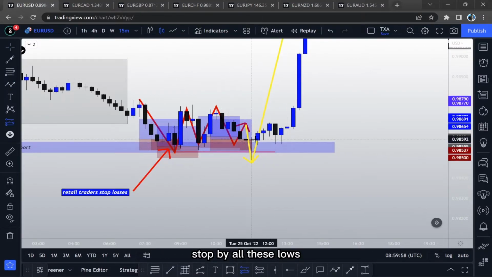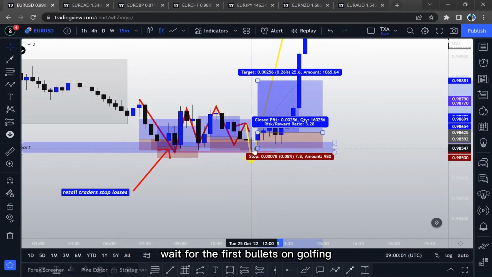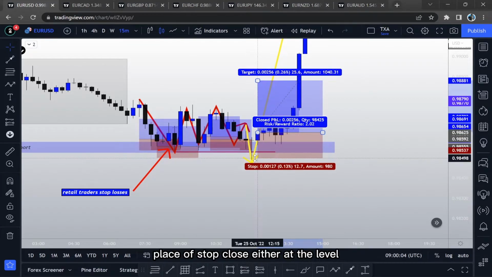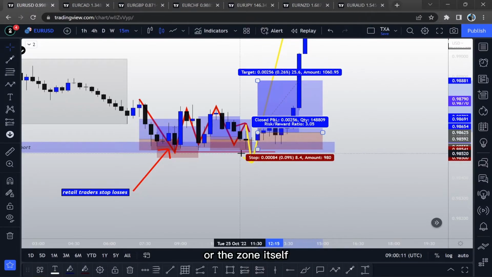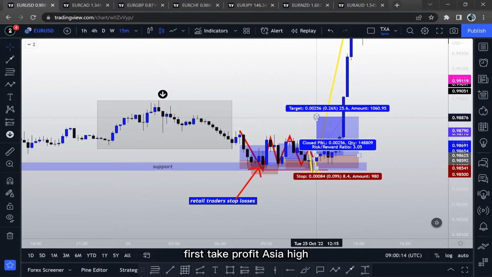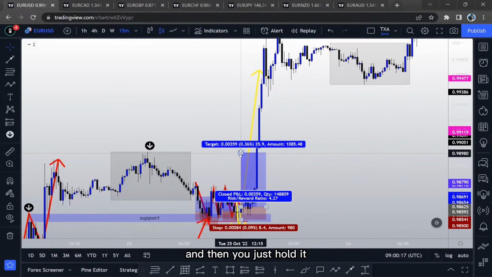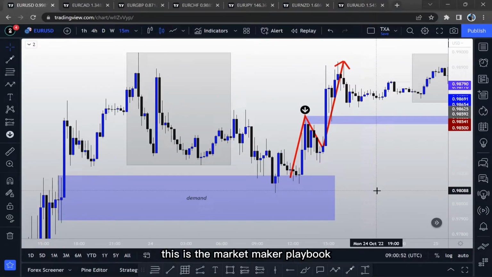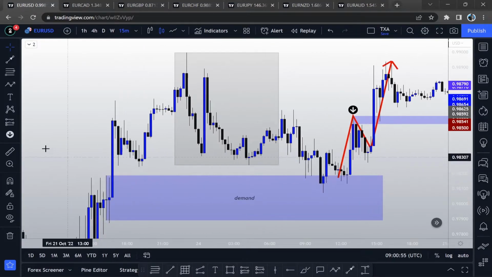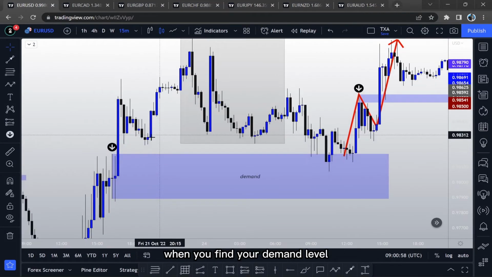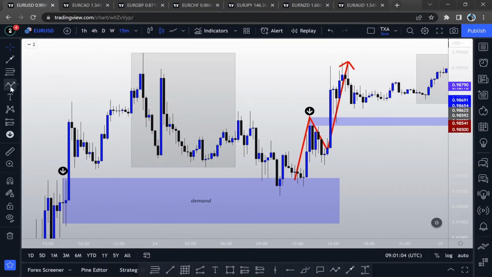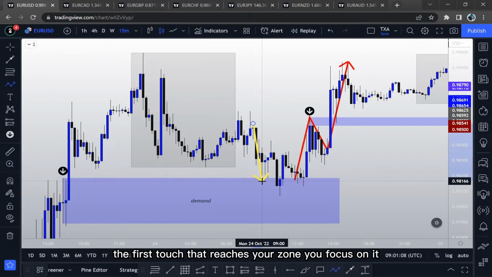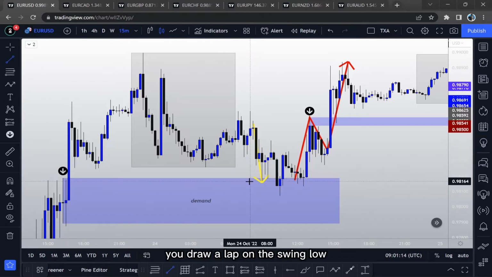Stop hunt all these lows, wait for the first bullish engulfing, place your stop loss either at the level, at the swing low, the stop hunt, or the zone itself. First take profit Asia high and then you just hold it. This is the market maker playbook. When you find your demand level and you're trading smart money price action, the first touch that reaches your zone, you focus on it, you draw a line from the swing low.